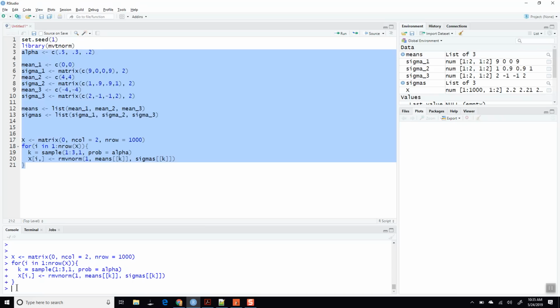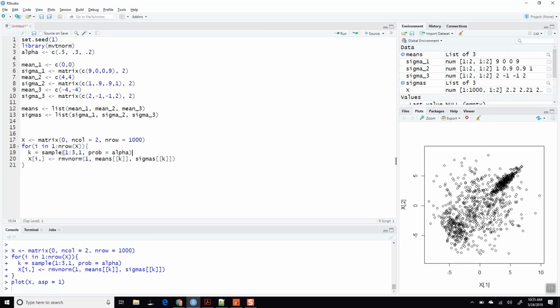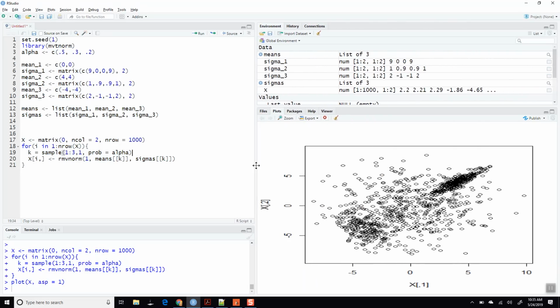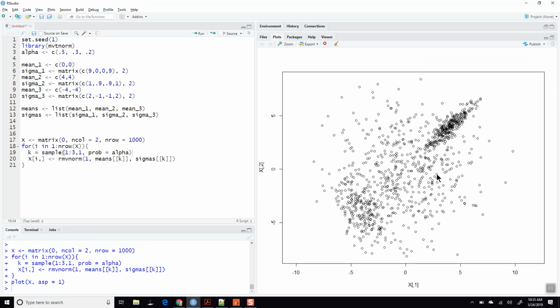Okay, so now it's done, and then let's plot x, and we'll say aspect ratio equal to 1. Ooh, this is a lot crazier than I thought it would look, okay? So we can kind of start to see a little bit, right? The 9 was bigger than I thought, as far as the variance goes.